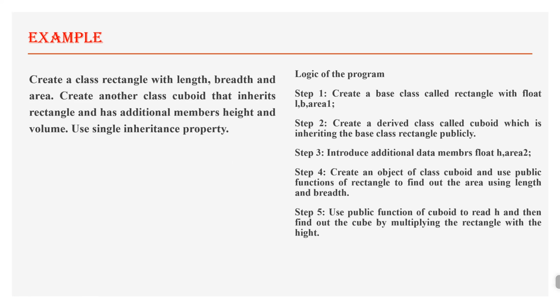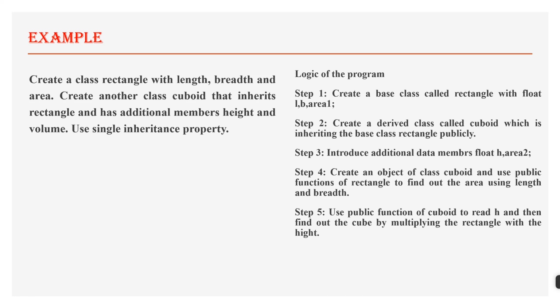So here you are supposed to use the single inheritance property. So, while analyzing the problem, you'll come to know that there are two classes. What are the two classes? First one is a rectangle and second one is a cuboid.